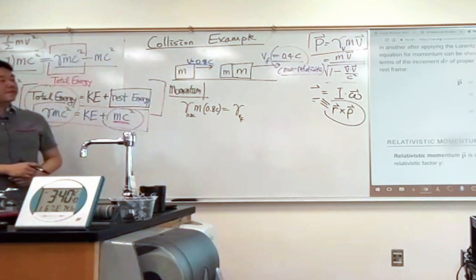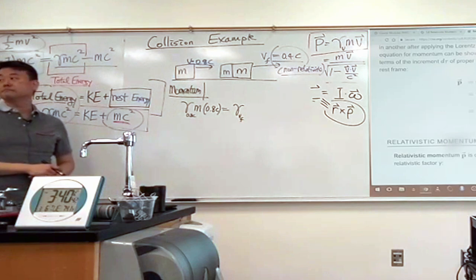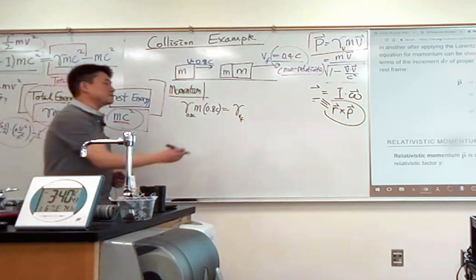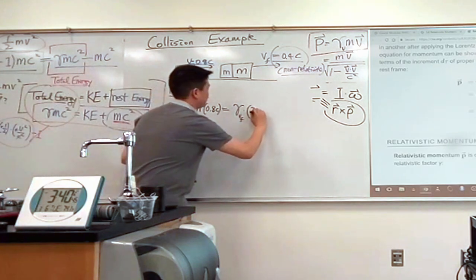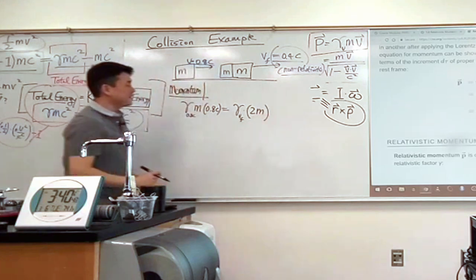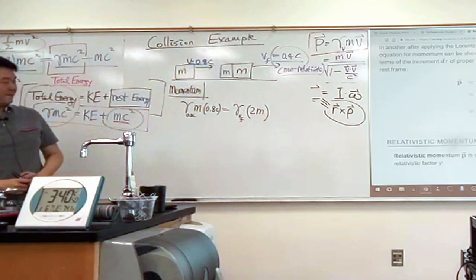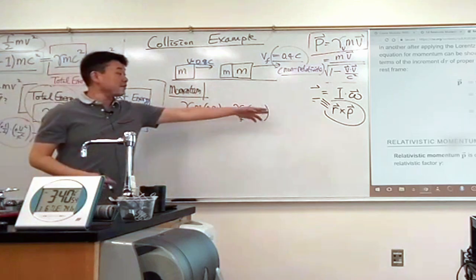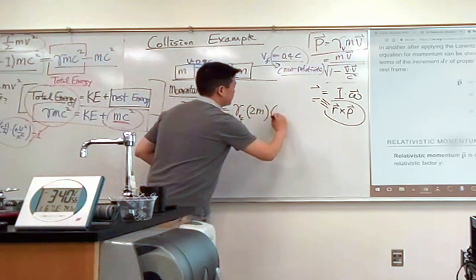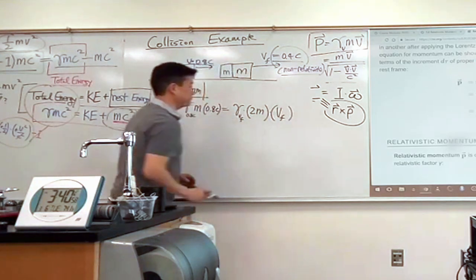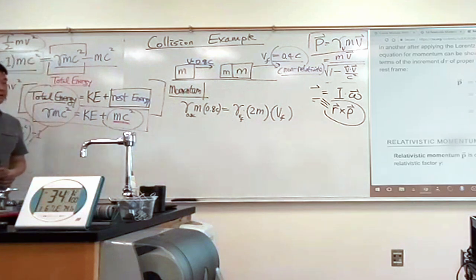And what is your final mass? Yeah, so you might think it's 2m, so let me write that down. That's the part where I think I'm going to get into trouble. I'll explain in a bit. Times your final velocity, so v final. Okay. How many unknowns do you have in this expression?